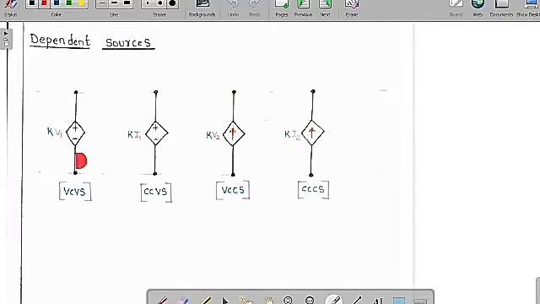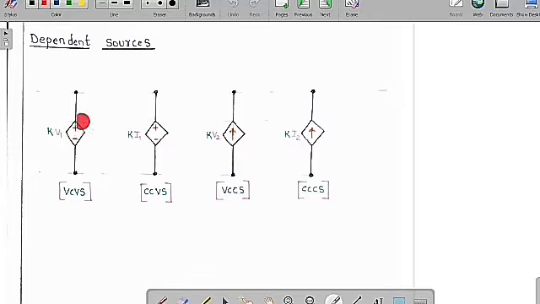Voltage controlled voltage source means the voltage controls this voltage source. We represent dependent sources with a rhombus diagram. As it has a plus and minus, we can say K into V1, where V1 is called the voltage control variable.